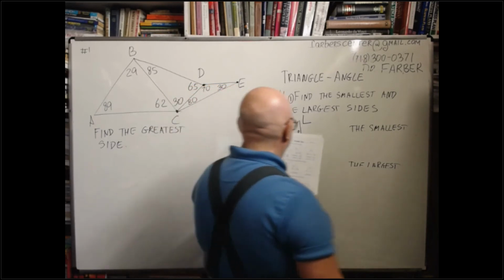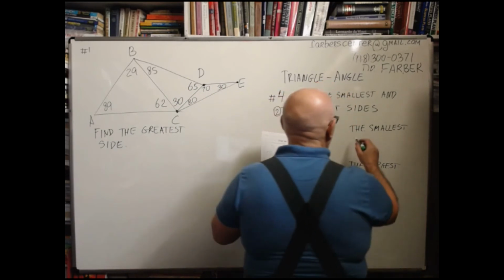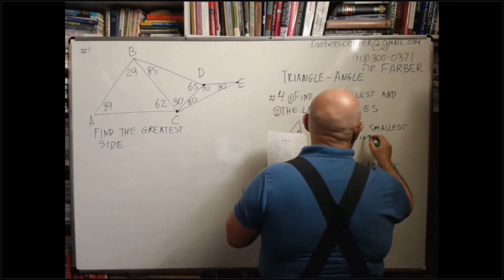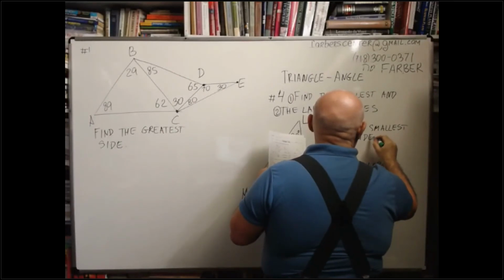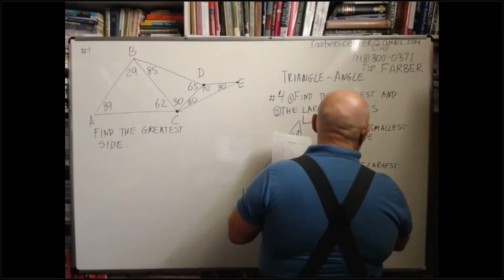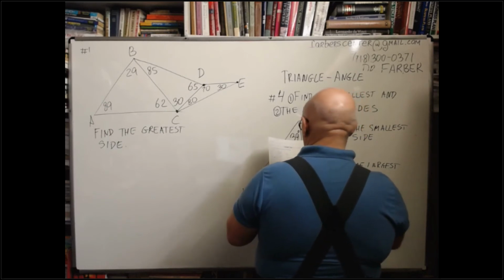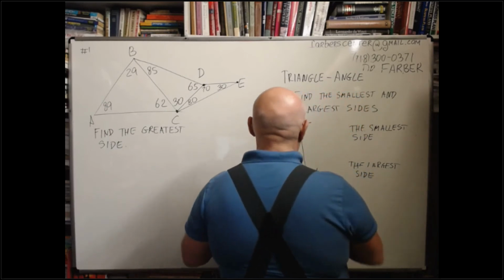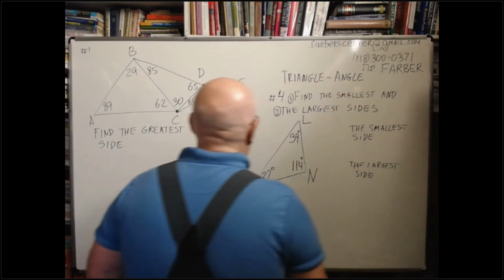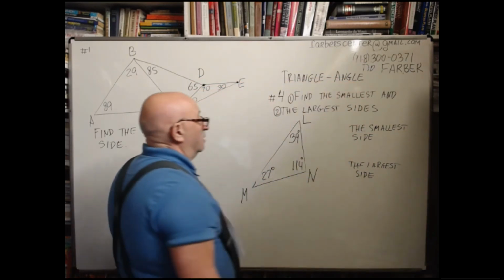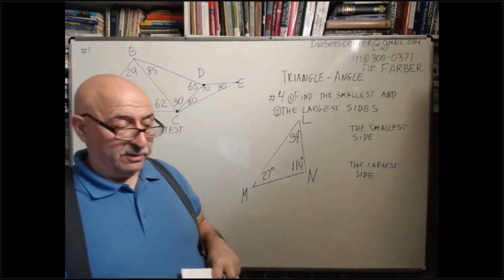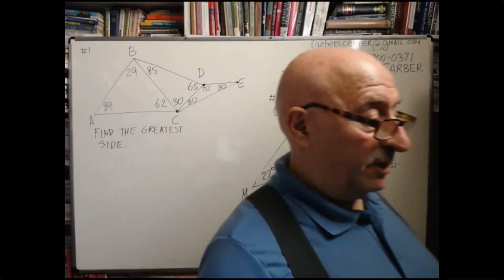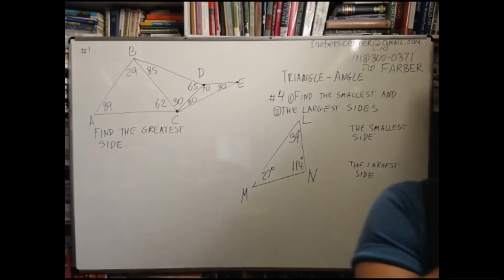Find the smaller side. I will do it myself. After that, be careful. And the larger side. Okay. You remember this statement that opposite of greater angle is located greater side, and opposite of greater side is located greater angle.